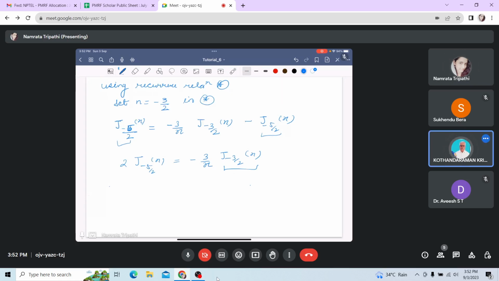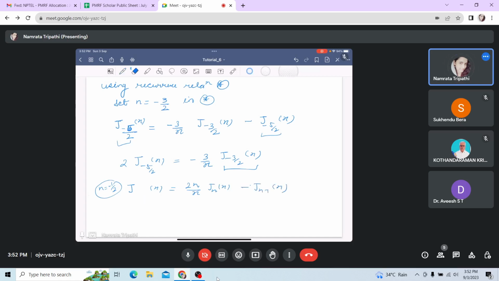Then only you will get minus 5. Okay, you are saying if we substitute minus 1 by 2, then we'll get minus 3. Yes. After substituting n minus 1 by 2, you will get the value of z minus 3 by 2. So this is 2n by x z. I'm writing the recurrence relation here.